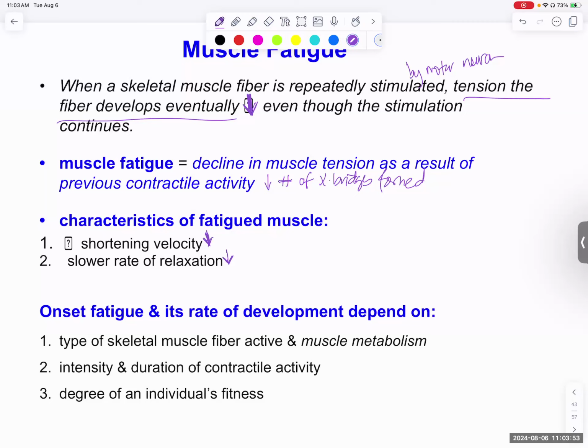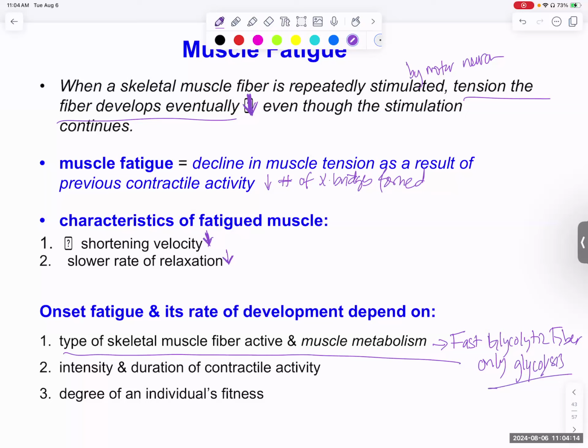Onset of fatigue is really determined by the type of muscle fiber. If it is a fast glycolytic, it only can do glycolysis. So it's going to burn out real quick.